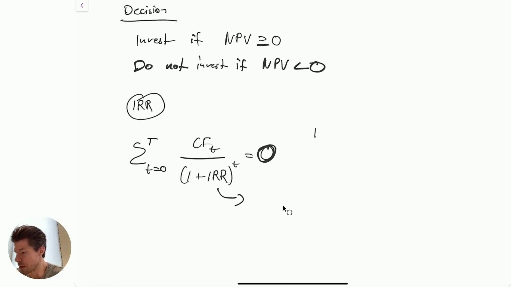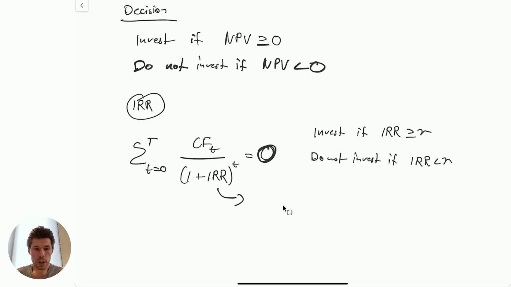The investment rule is: invest if IRR is greater than R, and do not invest if IRR is smaller. Required rate of return, this is R, is also referred to as hurdle rate.